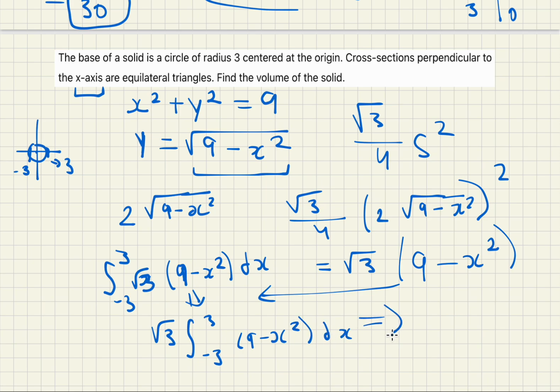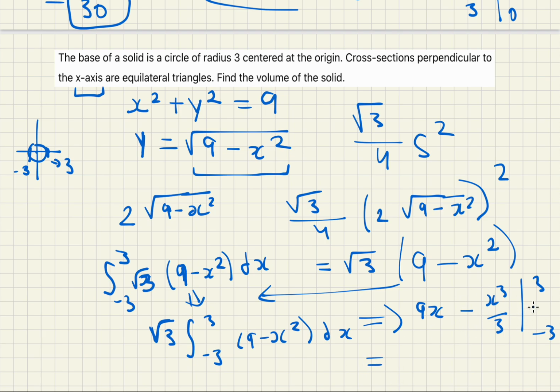And now we can evaluate this by evaluating each term. This becomes 9x, this becomes x cubed over 3, and then evaluate this from -3 to 3. And don't forget you have a square root of 3 outside, so you need to multiply whatever you get here by square root of 3.